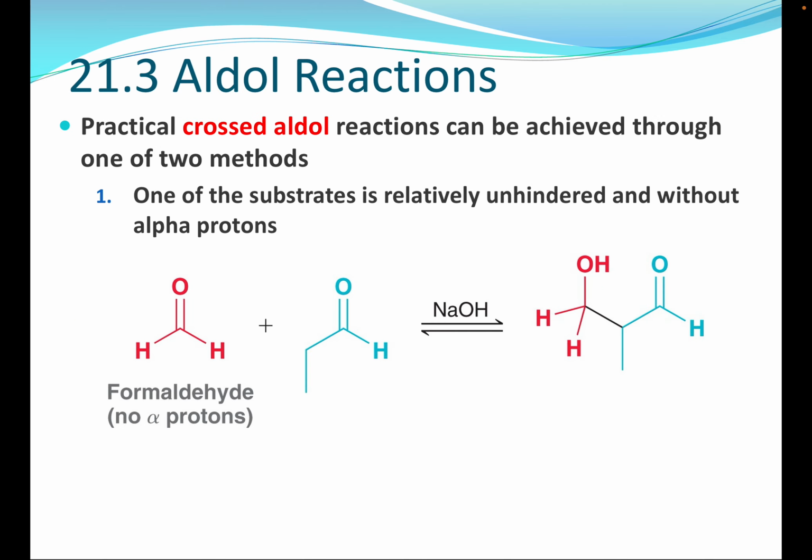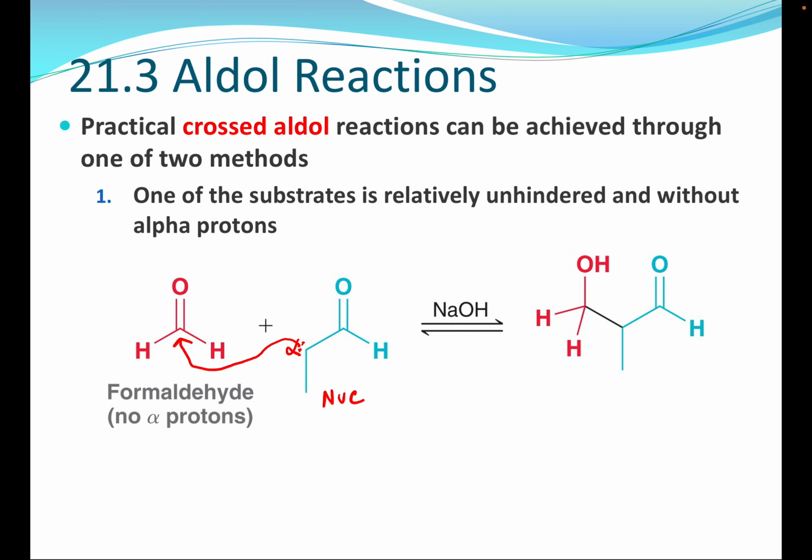So we do have ways to control these crossed aldol reactions. One of those ways is to design your reaction in such a way so that there is only 1 alpha position that can be deprotonated. And so that only allows for 1 enolate to form and would help increase the yield on our product. So we would be seeing this acting as the nucleophile to do the attack on the carbonyl.